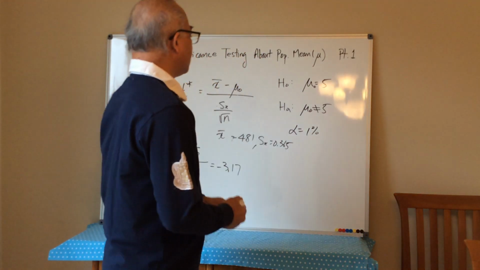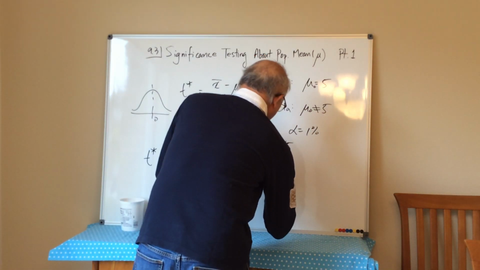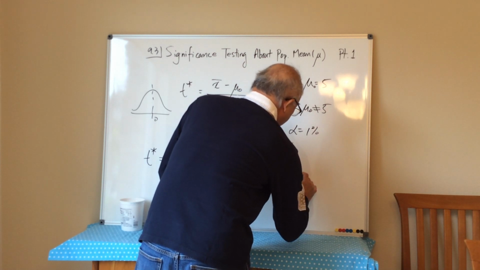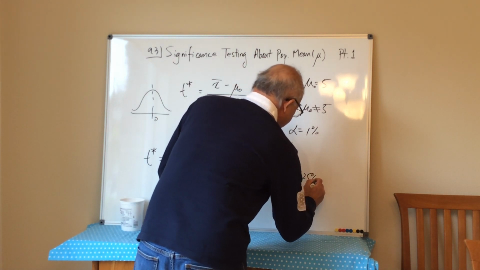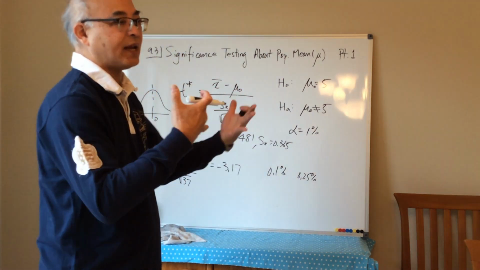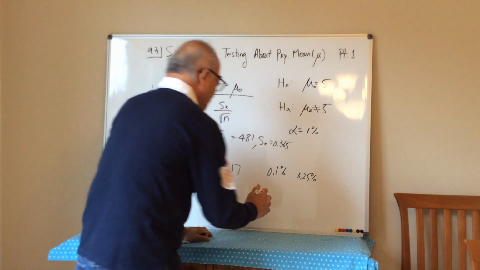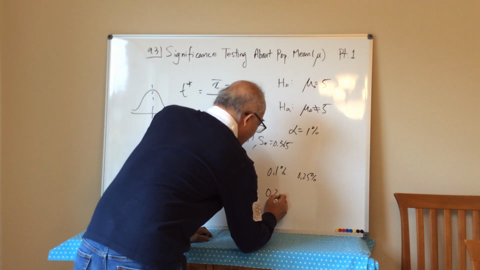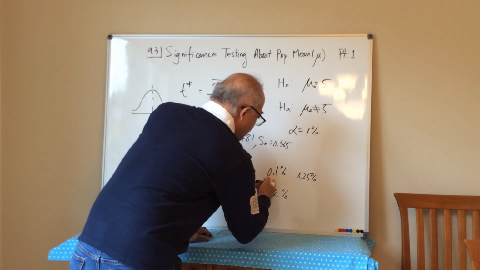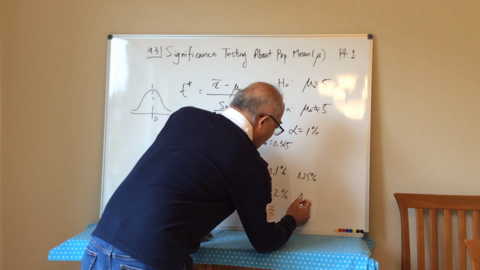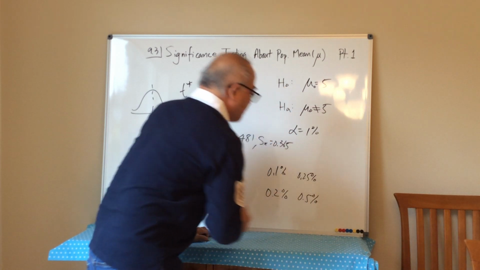So you're going to have between 0.1% and 0.25%. However, since it's two-sided, you have to multiply it by 2. Multiplying this by 2, and this by 2, I get 0.2% and 0.5%.